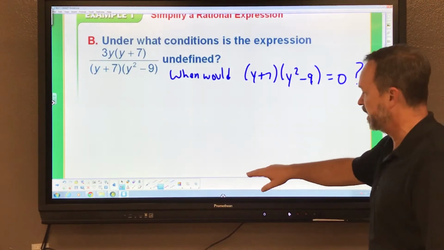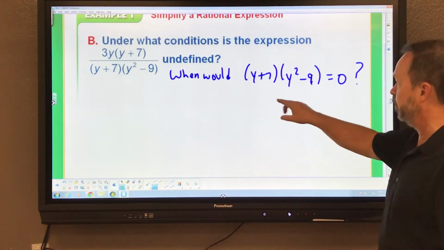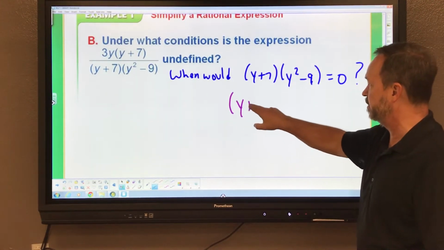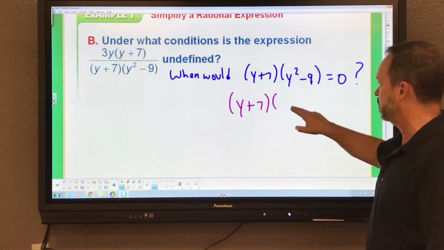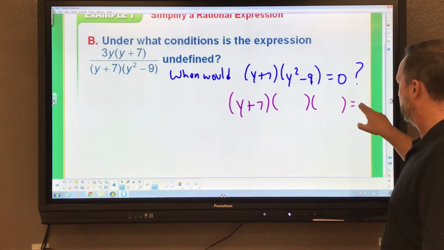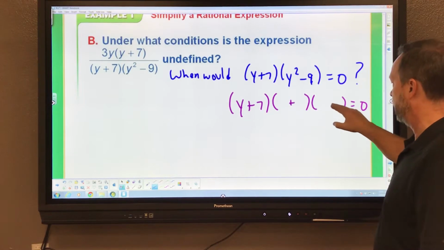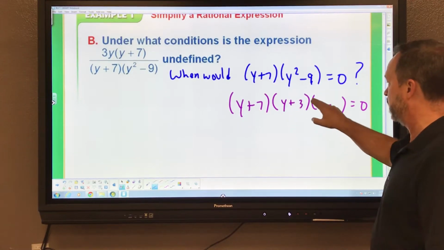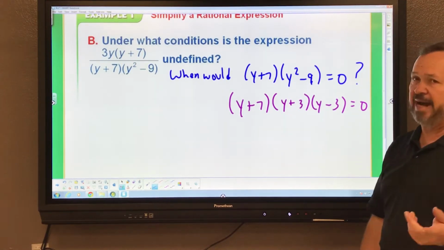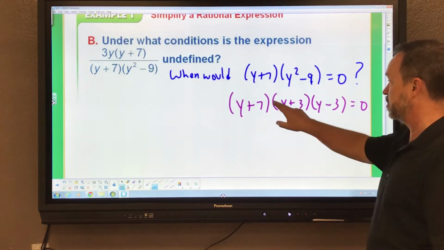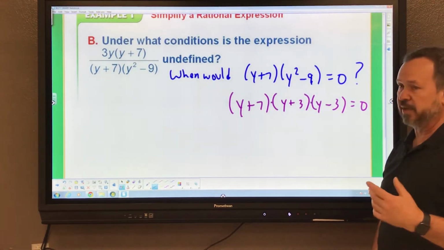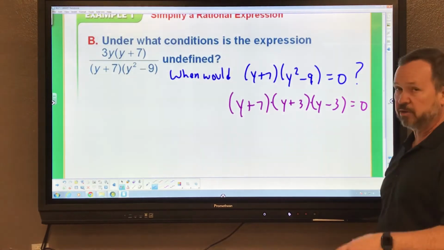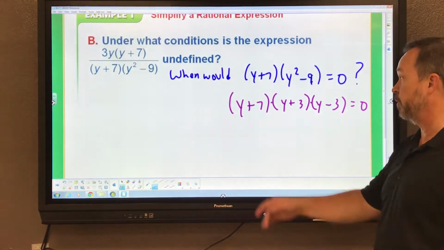Well, to carry this out a little further, we've already said what the factoring of that difference of squares would be. And so Al's winking at us with the y and the 3, the y and the 3. Now, I can finish this out with the zero product property because this is multiplication. And so I could say, when you're multiplying, to get a 0 in the answer, one of the factors has to be 0, there are 3 of them.